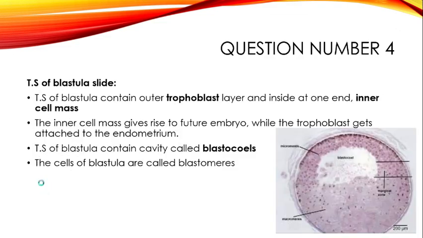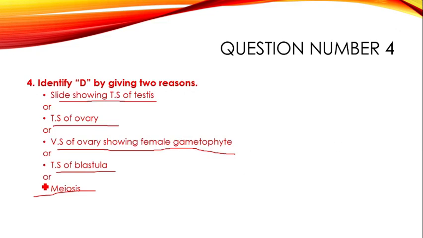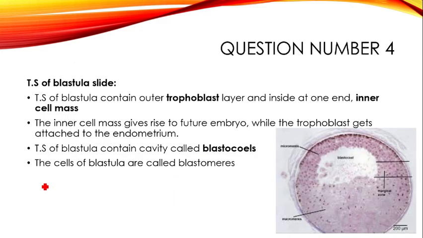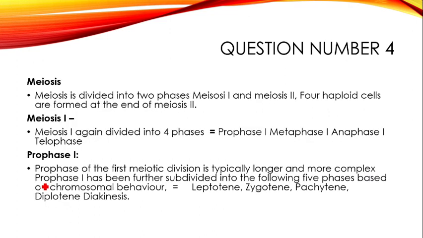Once again see the 4th question, they may give any one of the following: slide showing TS of testis or TS of ovary or VS of ovary showing female gametophyte or TS of blastula or meiosis. I am not explaining all those things because it will take a lot of time. I have given names, then you can learn by those names.